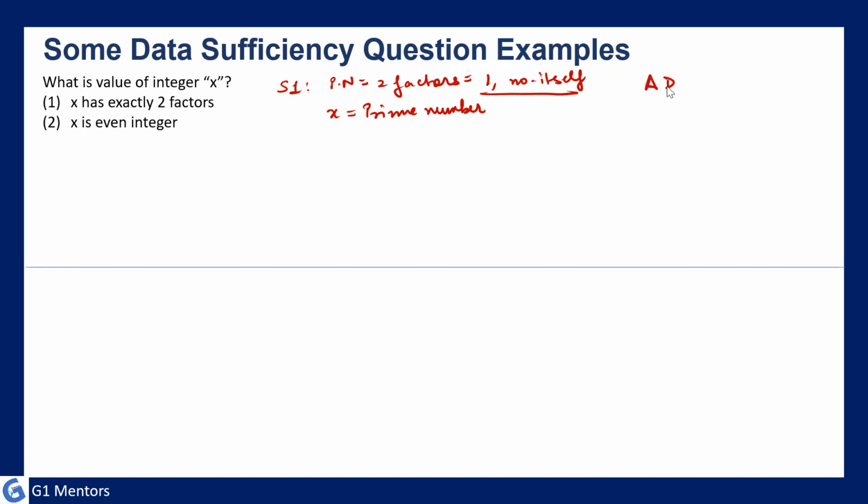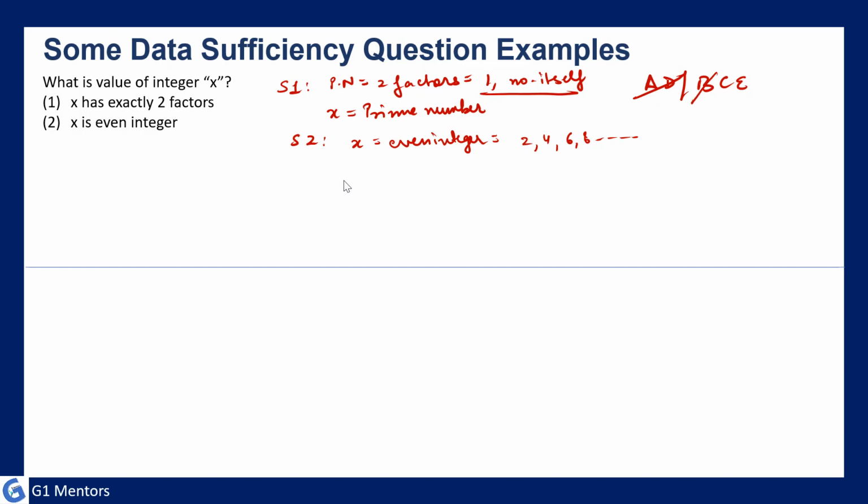Hence, statement 1 alone is not sufficient, so I strike off A and D. Now let's take statement 2. It says that x is an even integer. It can be 2, 4, 6, 8 and so on. It does not tell the value of x alone. So statement 2 alone is also not sufficient.